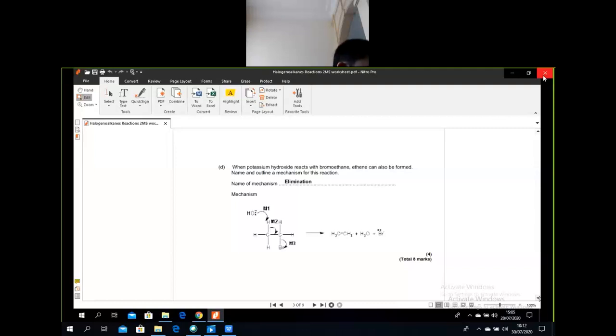The lone pair in the OH minus can make a dative covalent bond with the hydrogen, because the hydrogen electron is being taken by the carbon. Why is it taken by the carbon? Because the carbon's own electrons are taken by the bromine, because bromine is an electronegative element. Sorry, it's not the most, but it is an electronegative element.